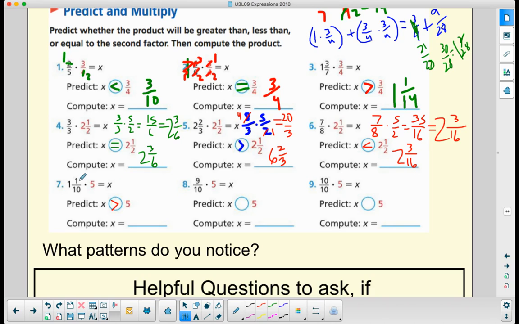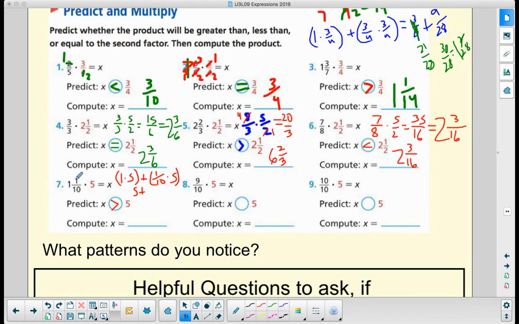And let me show you that in multiplying using the distributive property. 1 1/10 multiplied by 5 is the same as saying I'm going to take my 1 multiplied by 5 plus I'm going to take my 1/10 multiplied by 5. 1 multiplied by 5 is 5 plus 1/10 multiplied by 5.